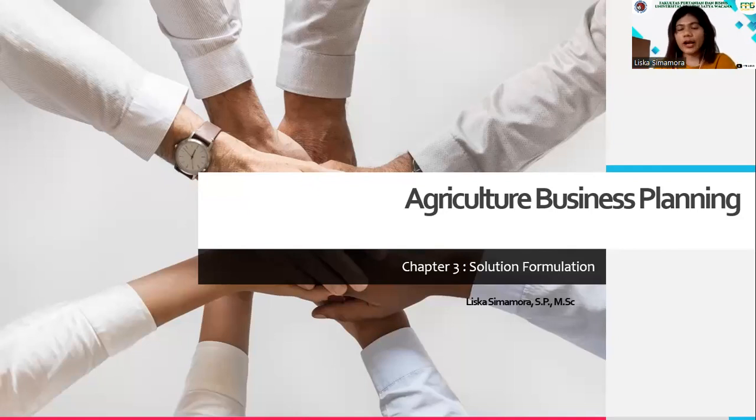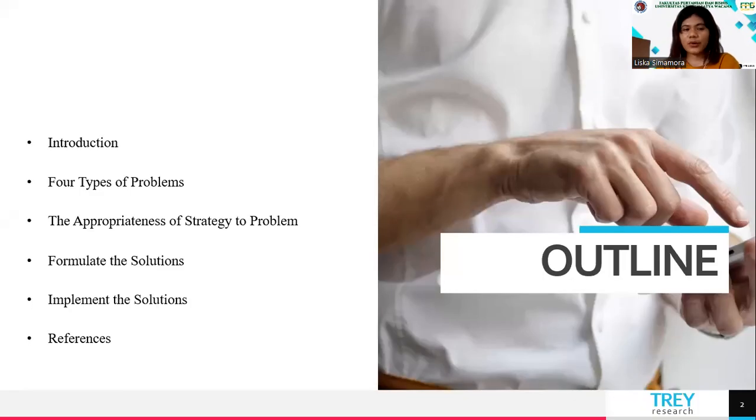Okay, so what do we have in this topic? We are discussing 4 types of problems. In order to understand the appropriate solution that we are going to implement, we have to define the type of our problem. We are going to discuss it in the next slide. And then we also have the appropriateness of strategy to problem.